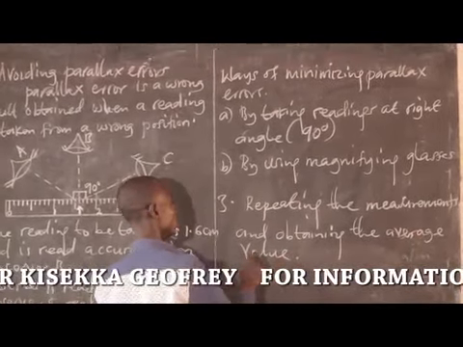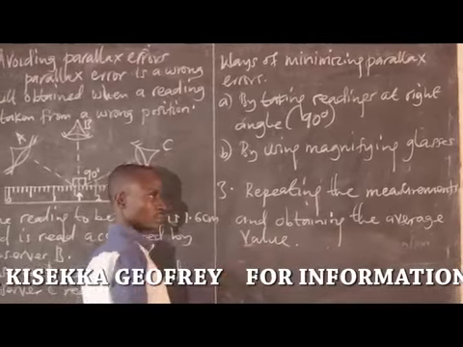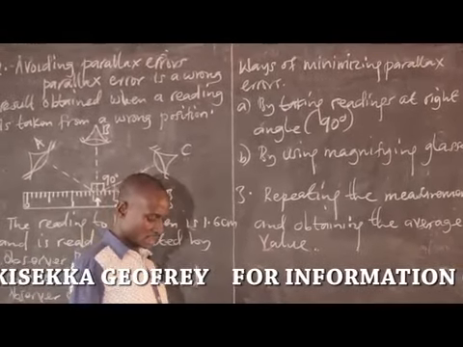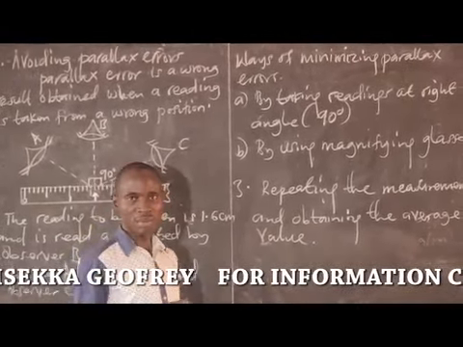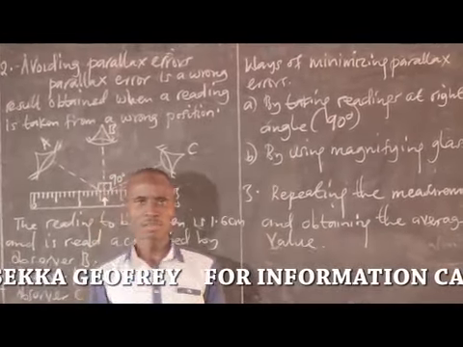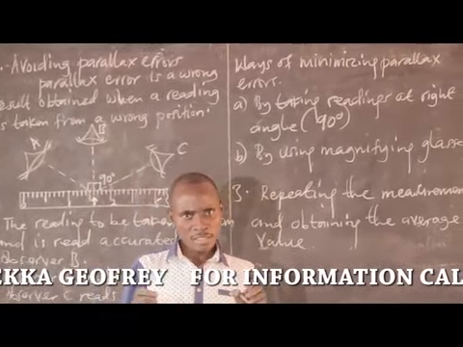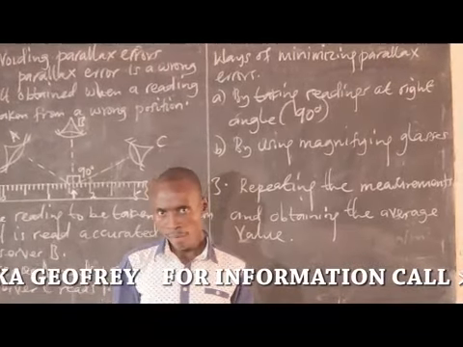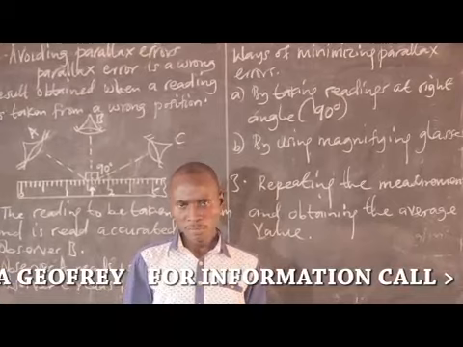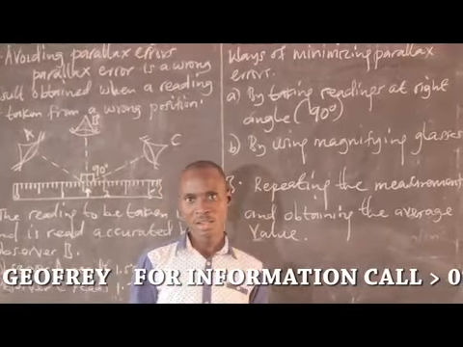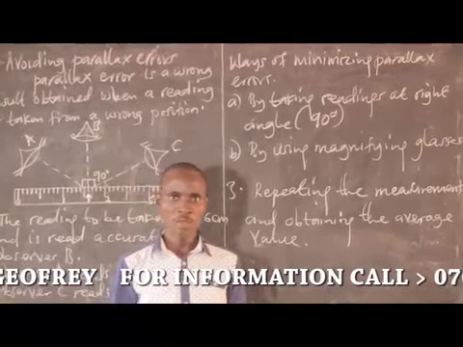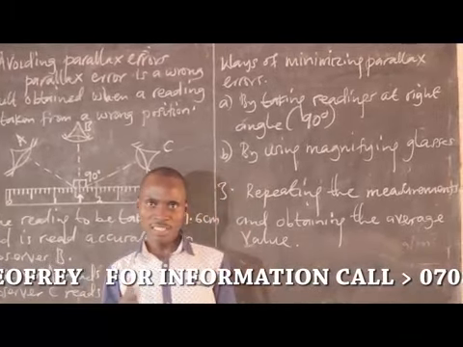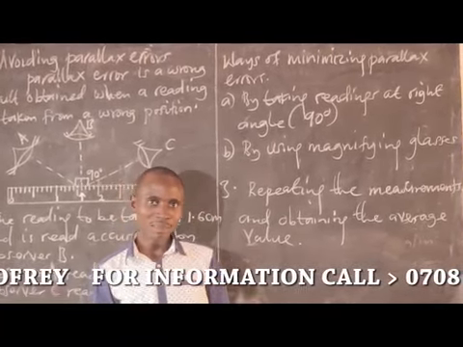Good. When you take readings, more so when using some sensitive instruments, there are some instruments that are very sensitive to small lengths. They are likely to give you wrong values. If you carry out a series of repeated measurements, you are likely to have some correct measurements and some wrong measurements.